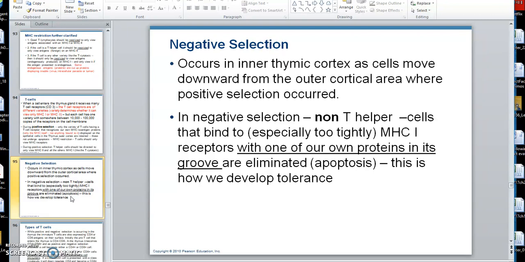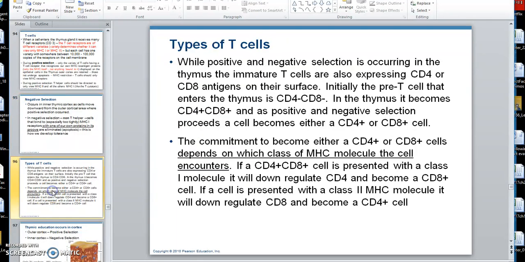When you first enter the thymus gland, remember, you enter from the outside, the cortex. Then you start going further in to the more middle area, and that's where you get into negative selection. If it holds too tightly, then it's going to undergo apoptosis. So you have positive selection and negative selection.